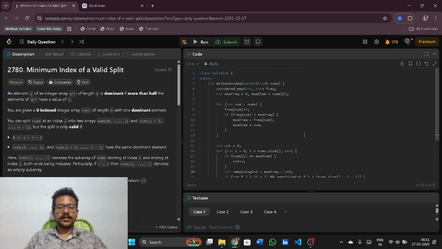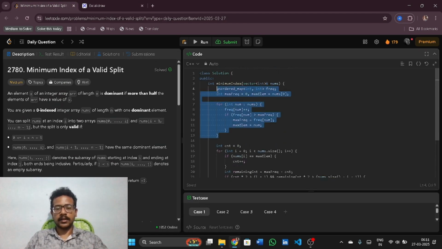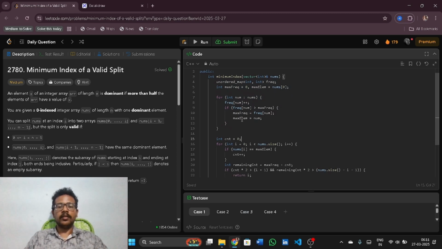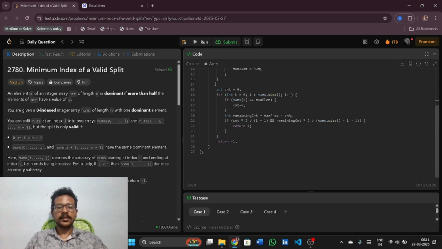So this is the whole part of taking the maximum element, the dominant element. The dominant element is represented by maxElem and the maximum frequency by maxFrequency. The int count is here, and the right side count is represented as remainingCount. It should be maximum frequency minus count till now. So this is the condition for the left subarray and right subarray. This is how you solve this problem.